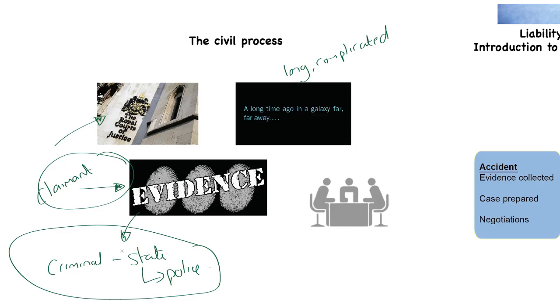Once all that's been done, the two parties go to court for the issues to be tried and for an award to be calculated. So the courts will try it and the courts will decide on the award. For many, many reasons, most cases are settled out of court.